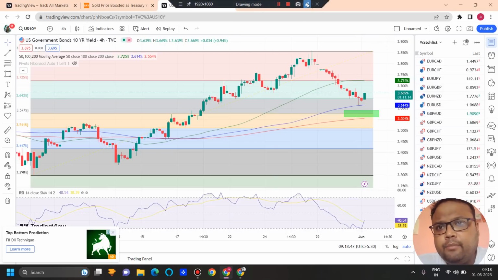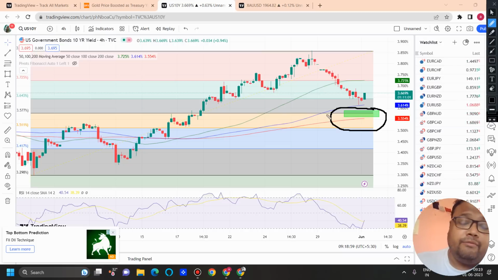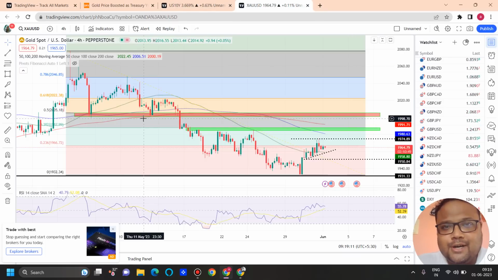In case bonds slip during the day, you can expect this particular level around 3.554% to work as the next support because of the 200 moving average, and we also have the FIBO 50% retracement around this area. So though the bond market is trying to recover, in case it fails we also have immediate support available. Now let's talk about the chart of gold again.